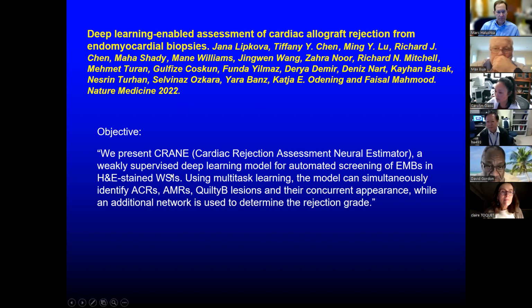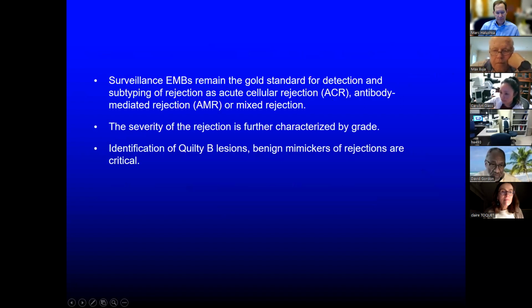So the model is based on whole slide images. Using multitask learning, the model can simultaneously diagnose ACR, AMR, Quilty-B lesions, and concurrent mixed lesions, while an additional network was used to determine the separate rejection area.